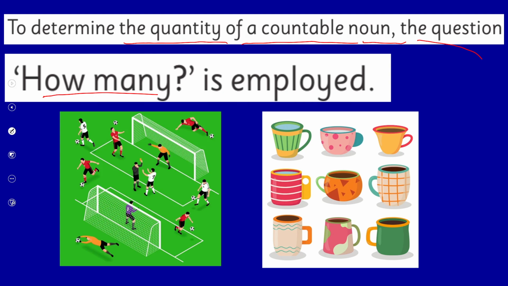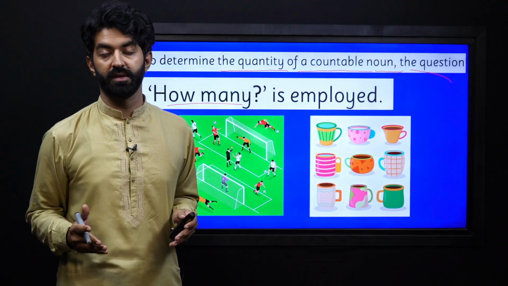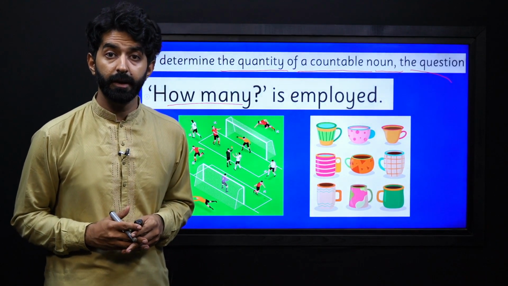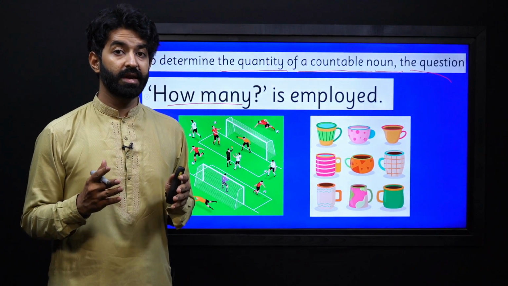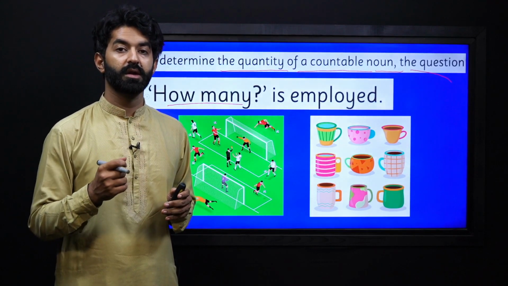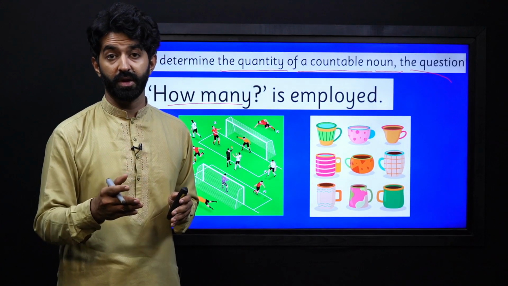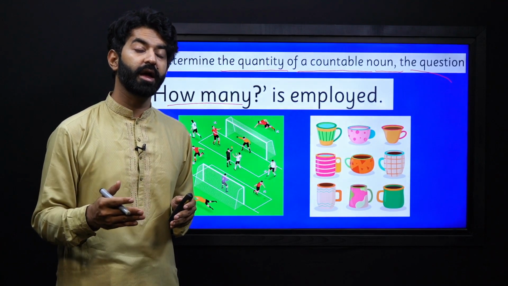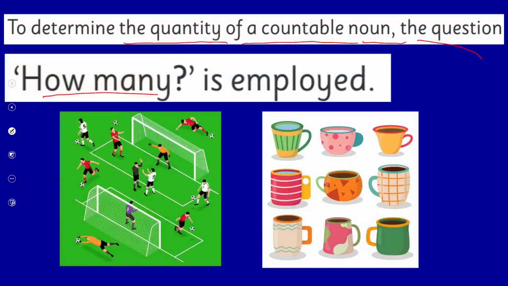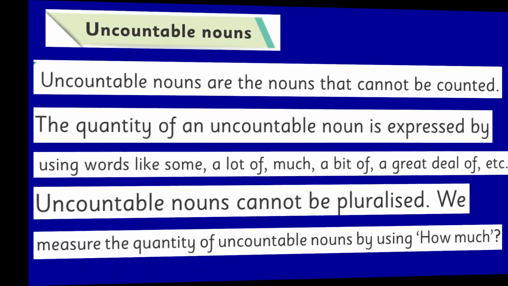When you are asked questions like how many boys are there in the class, how many hours do you study in a day, you can clearly see that with this question of how many, you can easily identify that the answer will be a countable noun, and hence see there are a lot of cups, a lot of footballers playing in the field. So this is all about countable nouns.